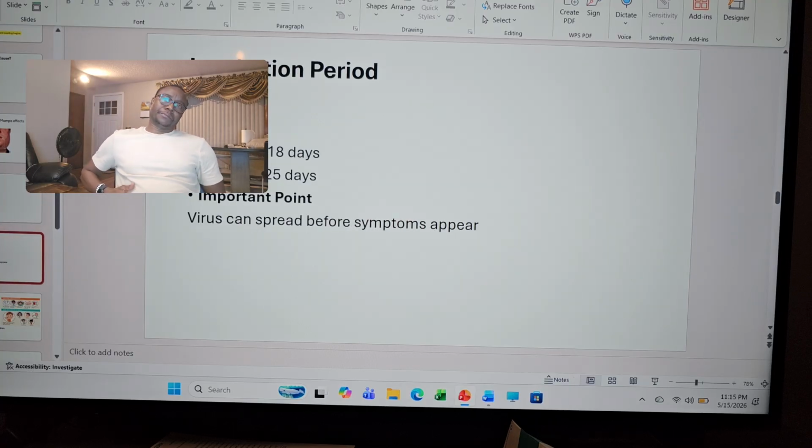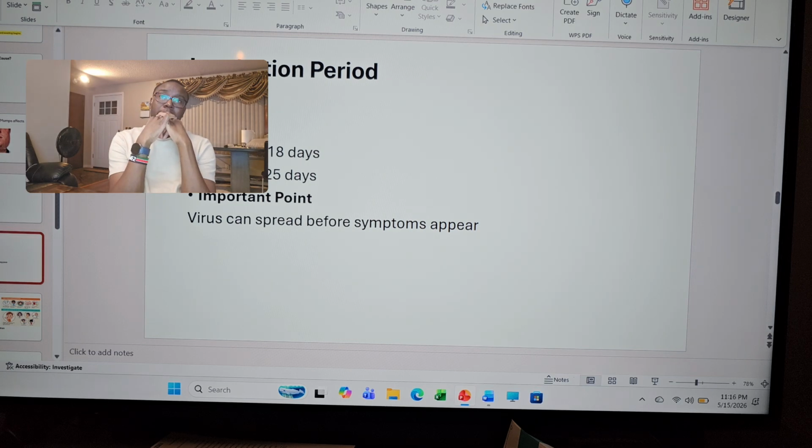Incubation. When you talk of incubation, we are talking of the period it takes. Like, recently we had COVID. Sometimes we are told COVID takes 3 days before symptoms start showing up.